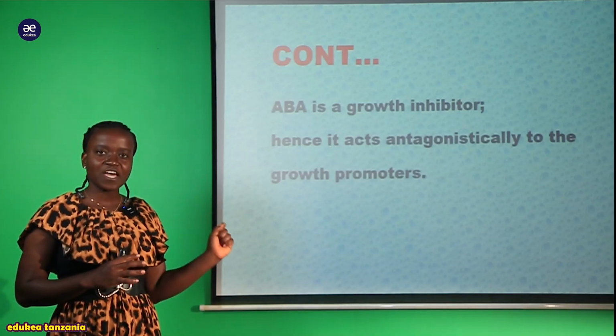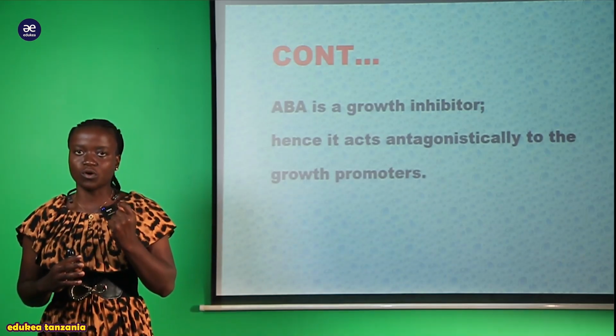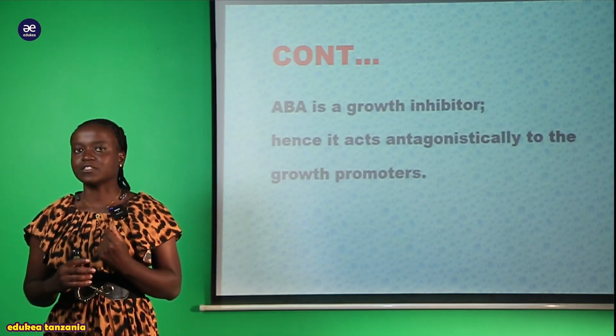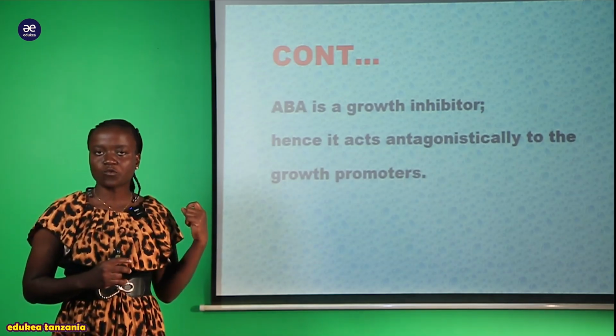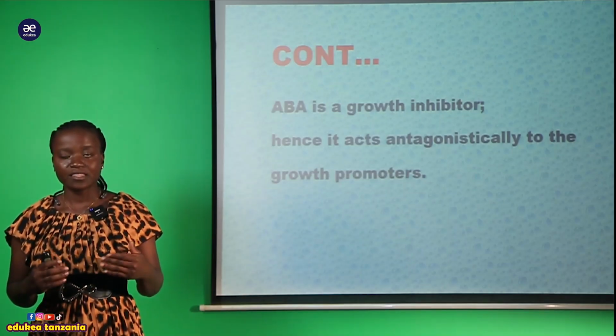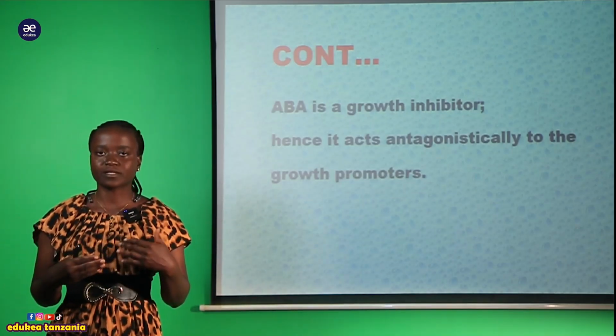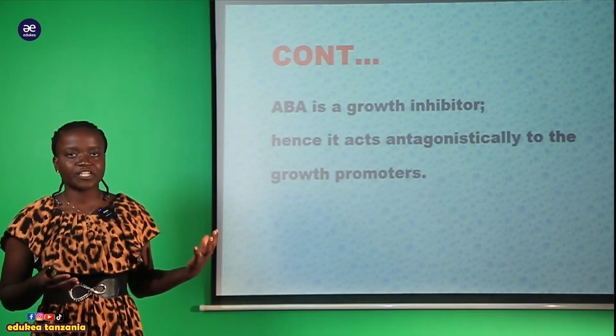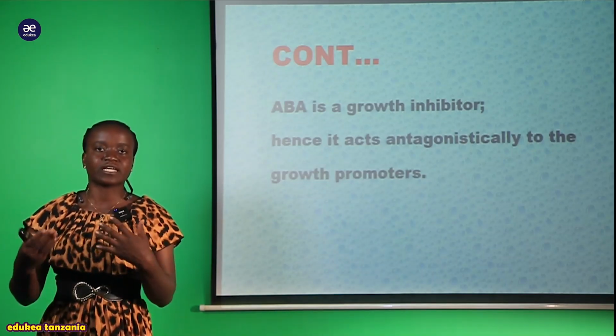So that is a very crucial thing that you have to know and understand. There is a very big difference between growth promoters and growth inhibitors. One day it can come into your exam, to differentiate them by giving examples.